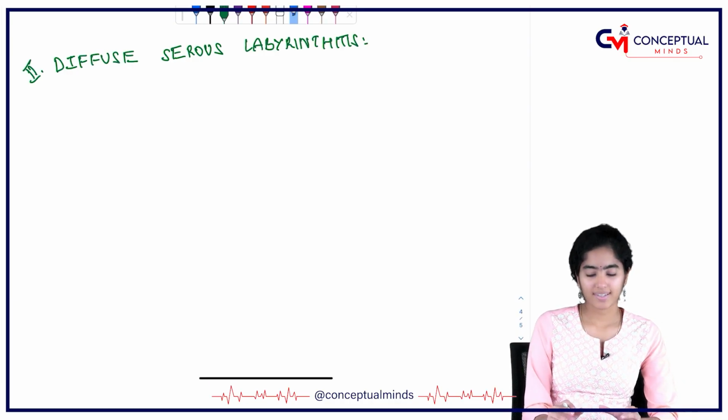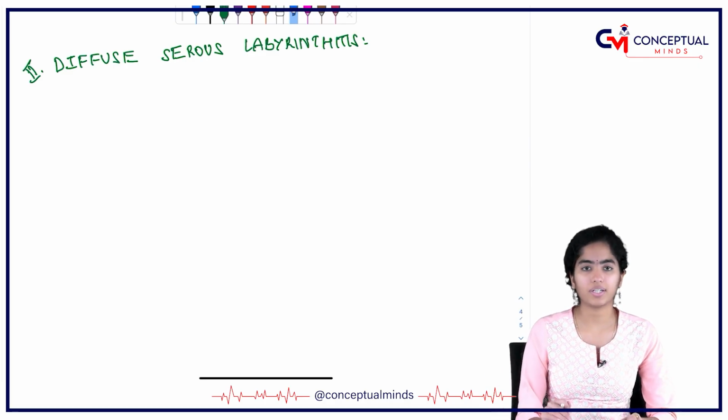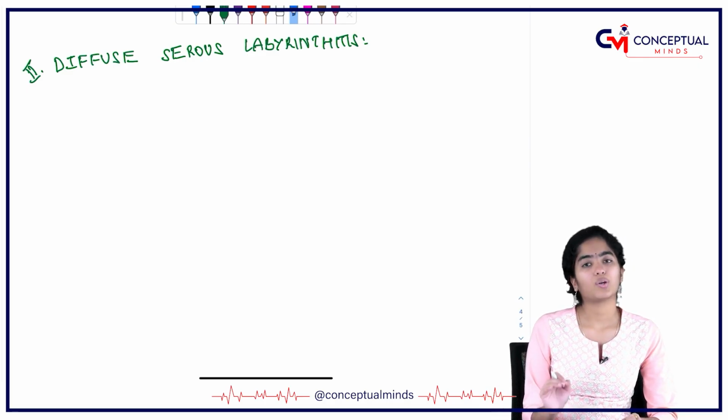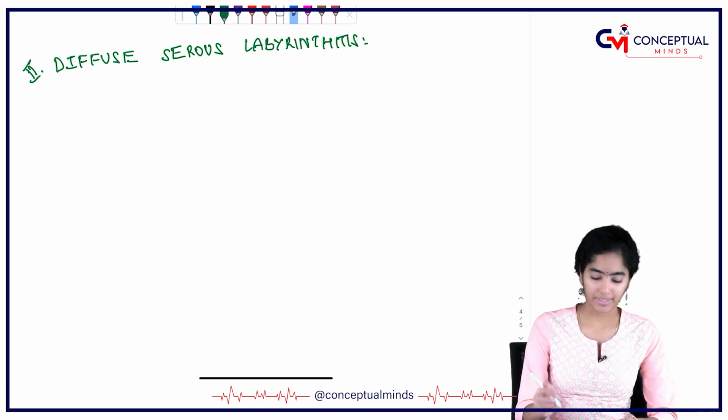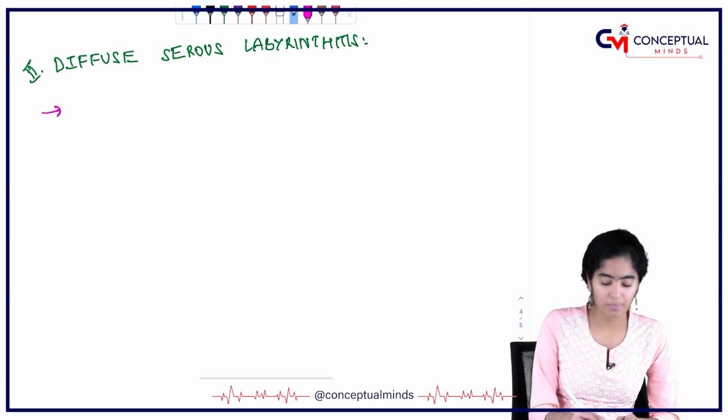The diffuse intralabyrinthine inflammation without pus formation is diffuse serous labyrinthitis. If pus formation occurs, it becomes diffuse suppurative labyrinthitis. Now, this is a reversible condition if treated early. Let me write that down for you. What is diffuse serous labyrinthitis?